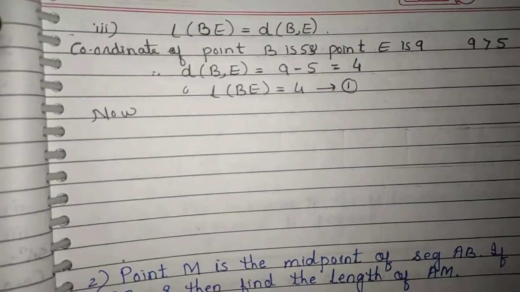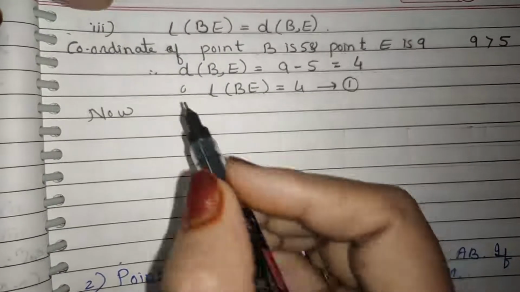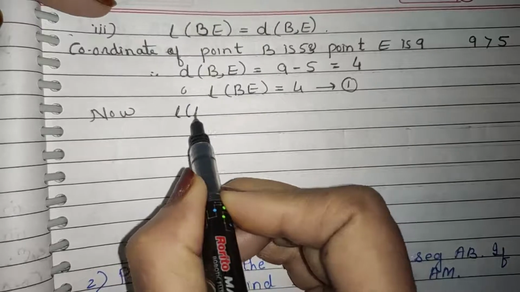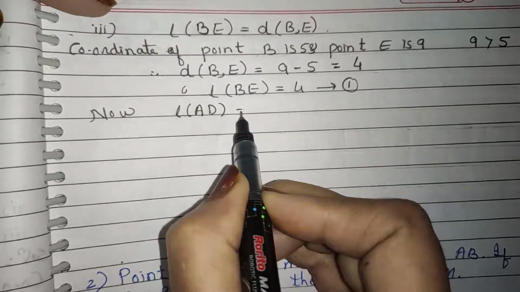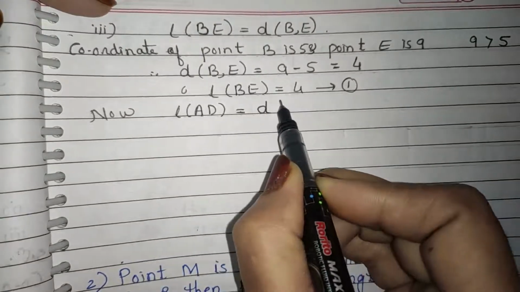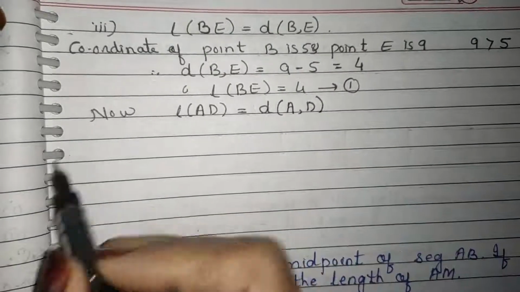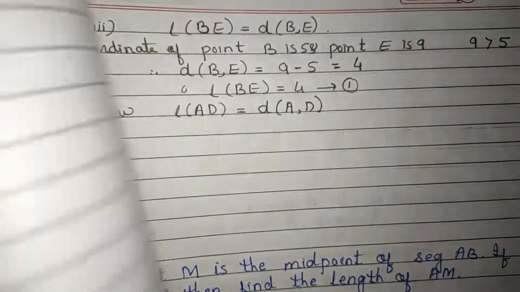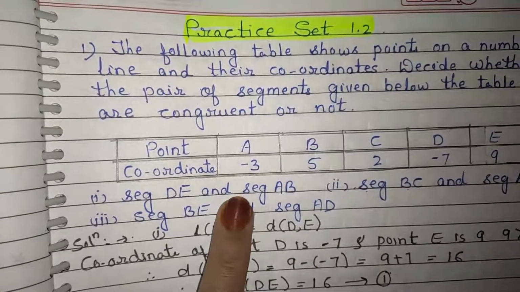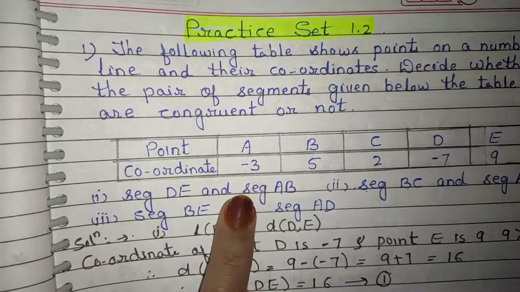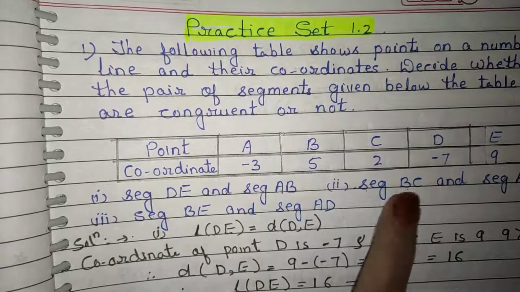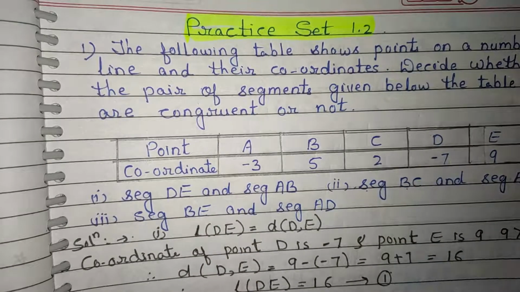Now, second one is length AD. Therefore, length AD is also equal to distance between points A, D. Okay. Now, look here. The coordinate of point A is -3 and the coordinate of point D is -7.